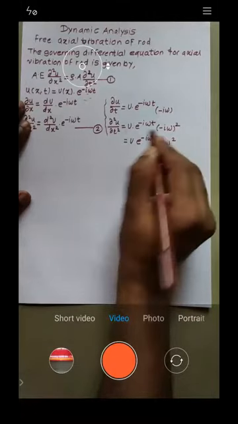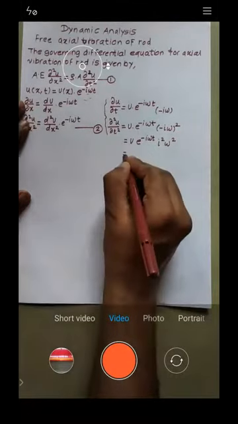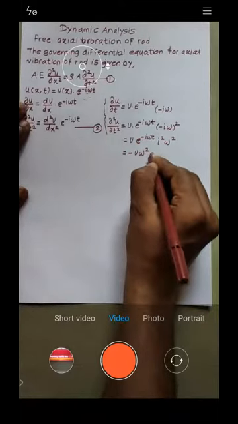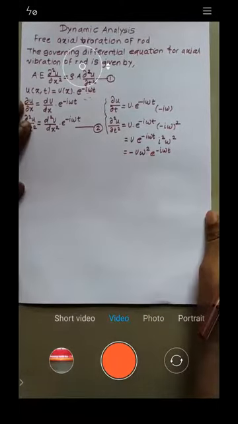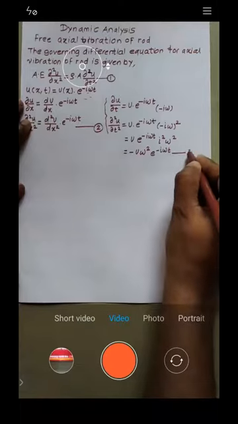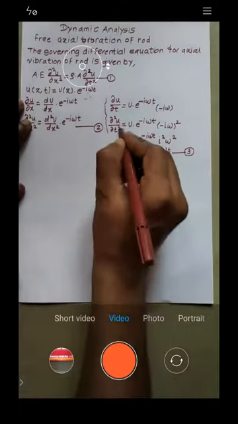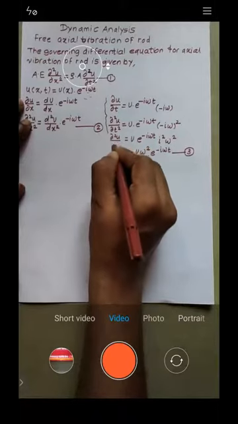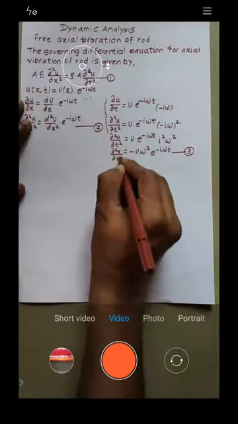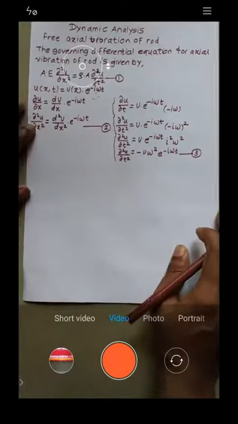You know that i squared is minus 1, so I will write this as minus u ω² e raised to power minus iωt. Let me call this equation number 3. Is it okay with this one? So we got equation number 2 and equation number 3.